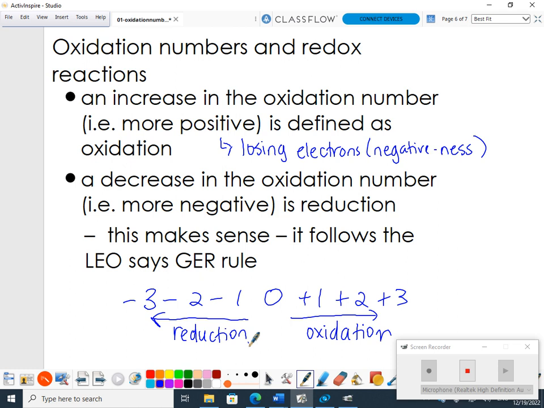But it's weird because gaining electrons, becoming more negative, doesn't necessarily have a bad connotation in chemistry, but it does mean that the number is technically decreasing if you think about a number line. And then it's becoming more negative or gaining electrons, which is GER. Okay, so as cheesy as it is, some teachers will even go so far as to say LEO the lion says GER, whatever, it actually works.